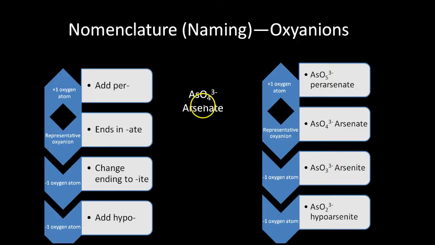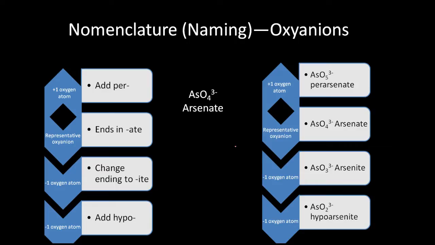If you drop two oxygens, in order to indicate that second change in oxygen, if you have two fewer oxygens than the base arsenate form, you actually say hypo on the beginning and say arsenite. So notice there's a prefix for one more, there's a different ending, a suffix, for one less, and then there's a prefix and a different suffix for two fewer oxygens.